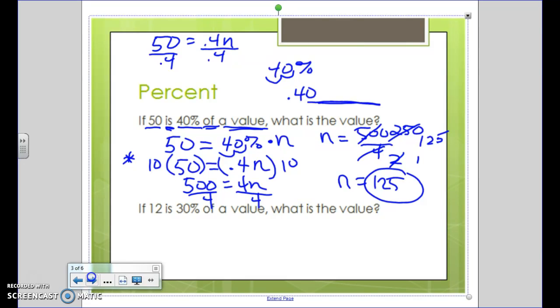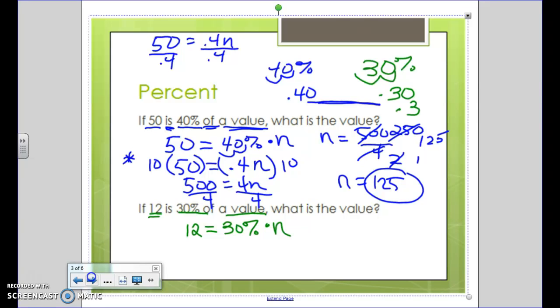All right, so we're setting up an equation to help us find the missing value. In this case, it says if 12 is 30% of a value that we don't know, what is the value? Well, if I think about 30%, I know that's 30 per 100 or 0.3. Really, it's 0.30, but we're going to say 0.3 because the 0 is insignificant.